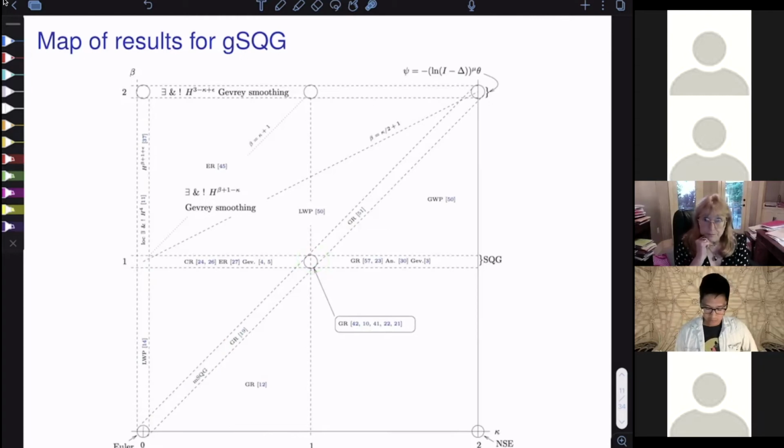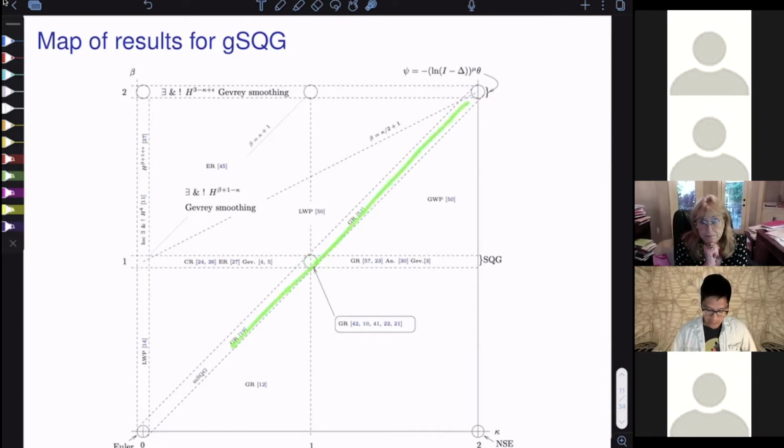And in a later work, it was even shown that the critical SQG has finite dimensional dynamics. And this result of global regularity was extended to the remainder of the line by Constantin and others as well.